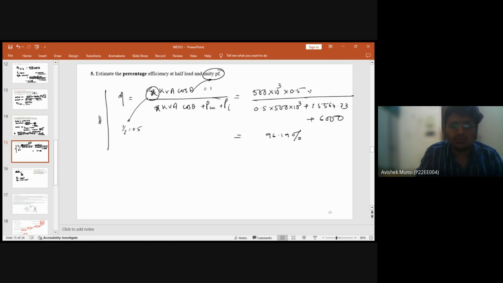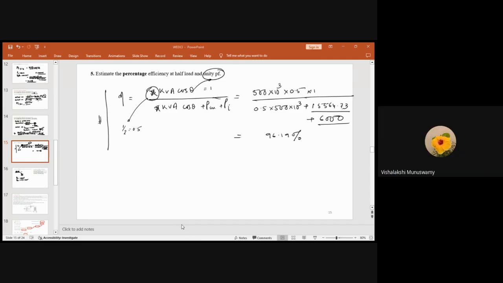So just put it here. And we already calculated the copper loss and iron loss in previous questions, so just put them over there. It's clear? Yes, sir. Okay.